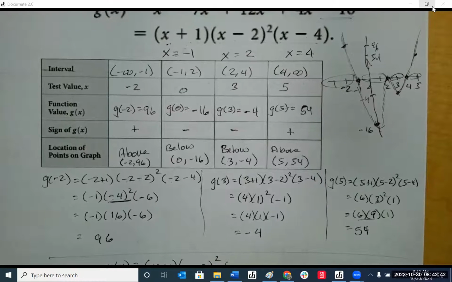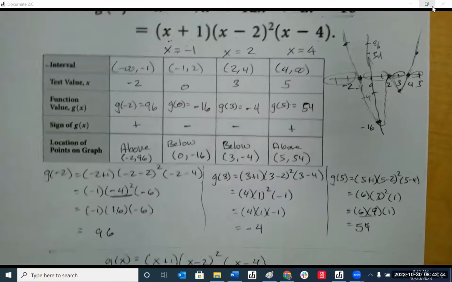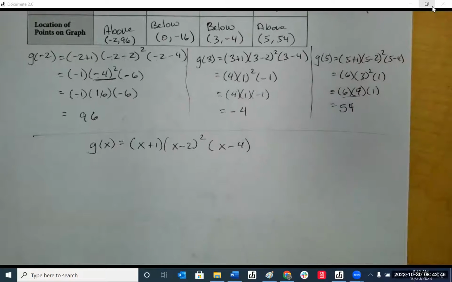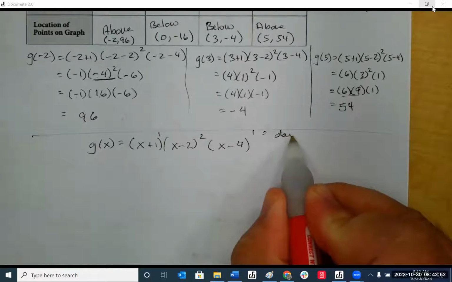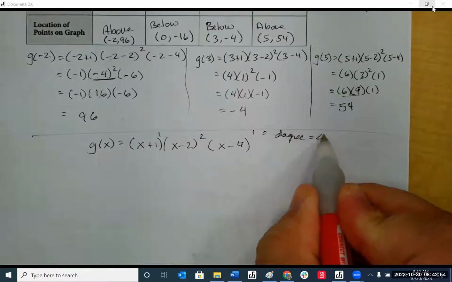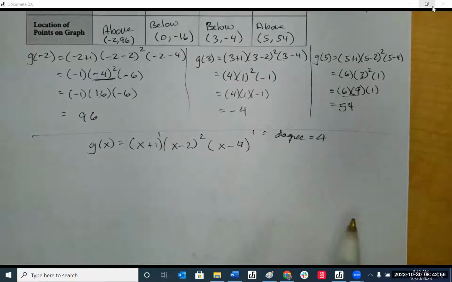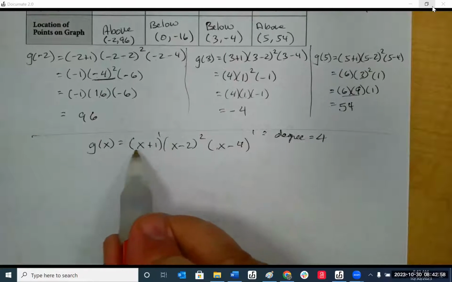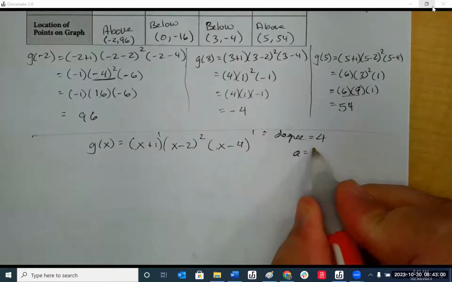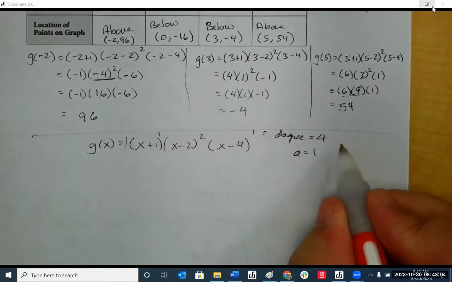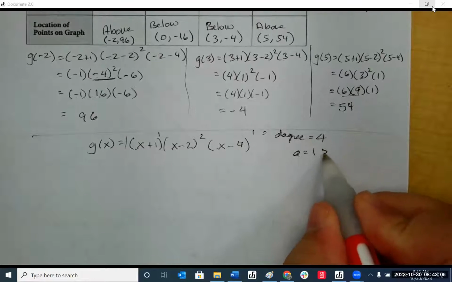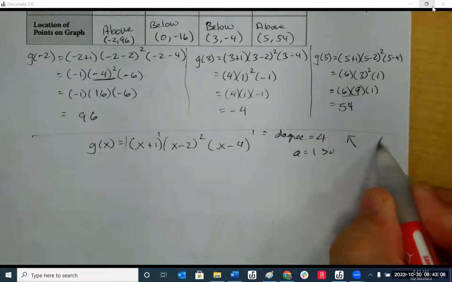Again, with what we did last class, we could draw the same graph. 1 plus 1 plus 1 plus 1, so the degree is 4, which means both ends point the same direction. A is 1, there's a positive 1 there, all the x's are positive, so it's greater than 0, so both ends point up.